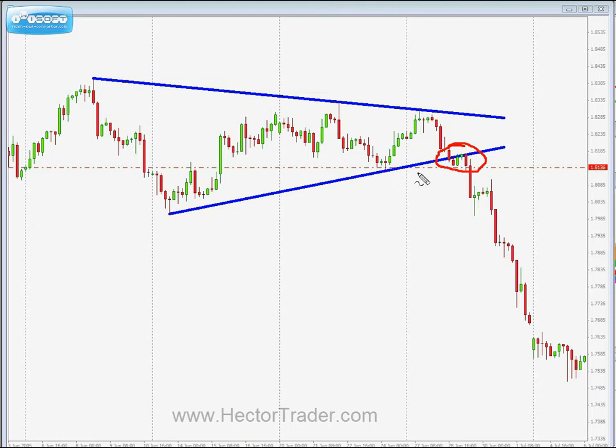You don't want price to break out, meander around for a little while, and then very slowly continue to move down. You don't want that. What you want is a clear breakout, then perhaps a 1, 2, 3 bar pullback, and then another momentum thrust in the direction of the main trend. That momentum thrust is the most important of all.